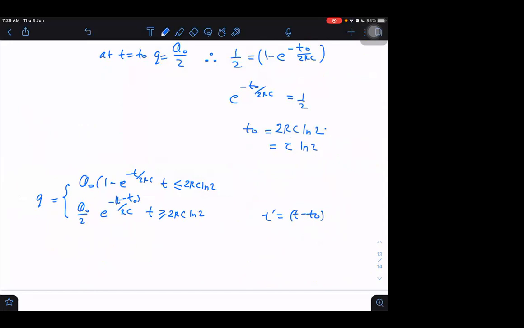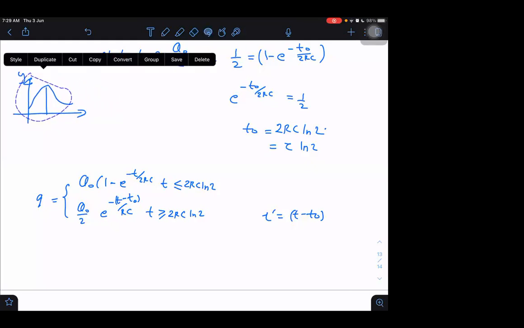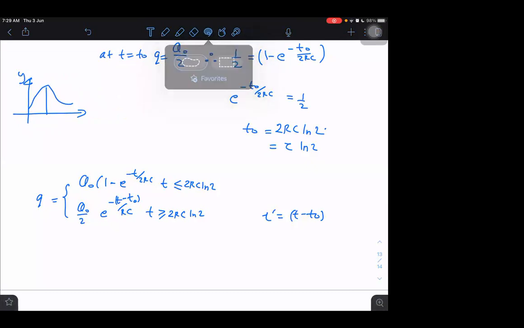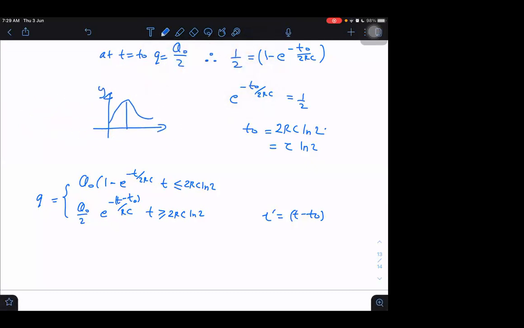Let me tell you, for any graph, let's say this is the graph of y equal to f(x), at a position now, and finally it gets shifted. This is the shifted version. Before that, this graph is here, like this.